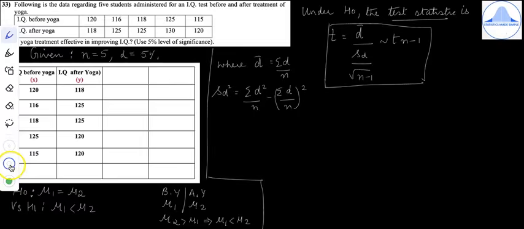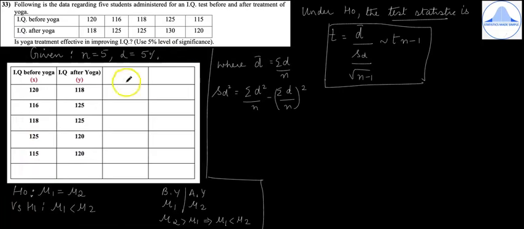So let's do the calculations in the table. So first we will find out d, which is d is equal to x minus y. So it is minus 2, minus 9, minus 7, minus 5 and minus 5. So we get summation d is equal to minus 24.